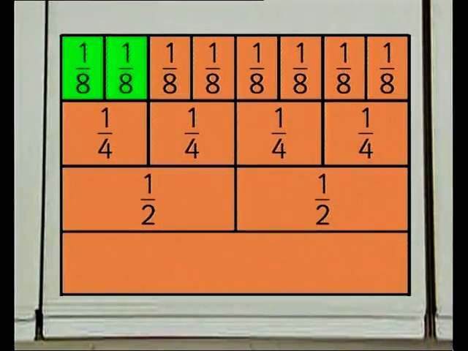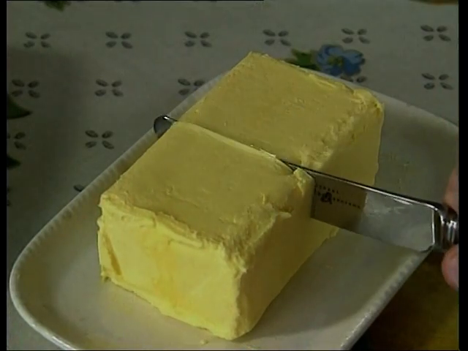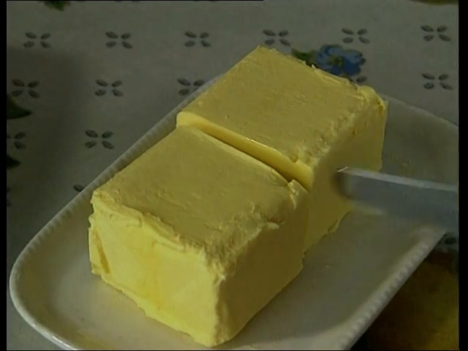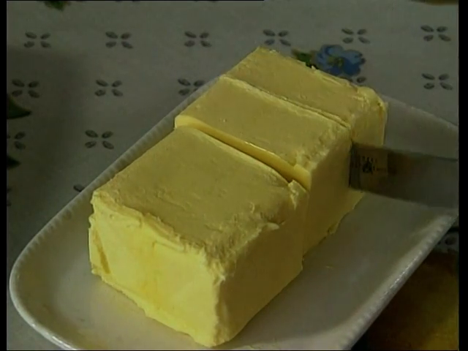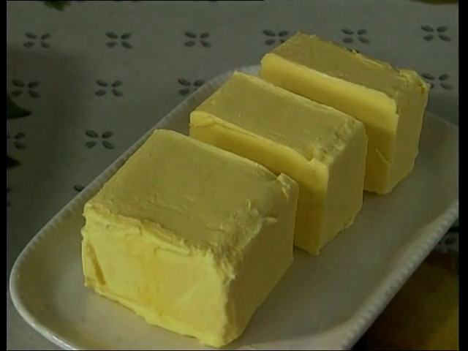Ah, look. 2/8 is the same as a quarter, which means you want a quarter of the margarine. To find a quarter, we need to cut the margarine in half and then cut one of those halves in half again, like this. So now you have 1/4.